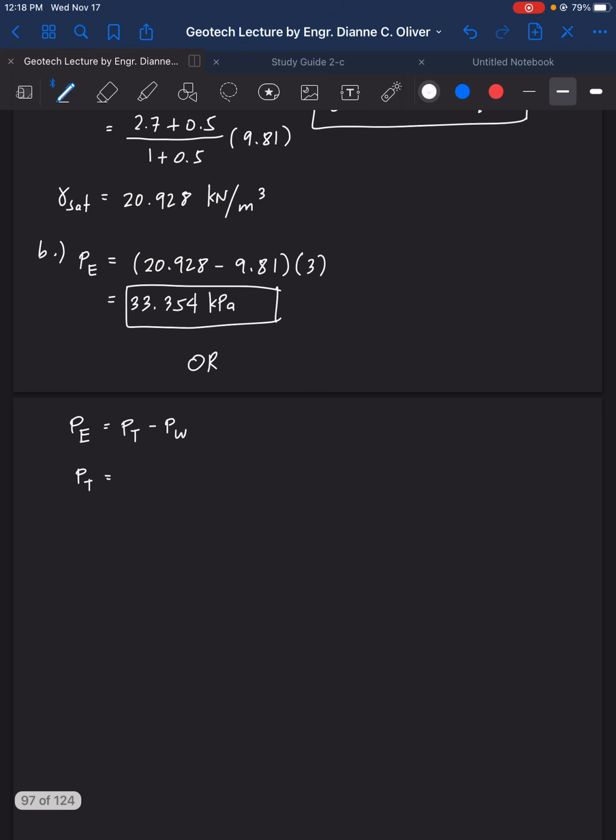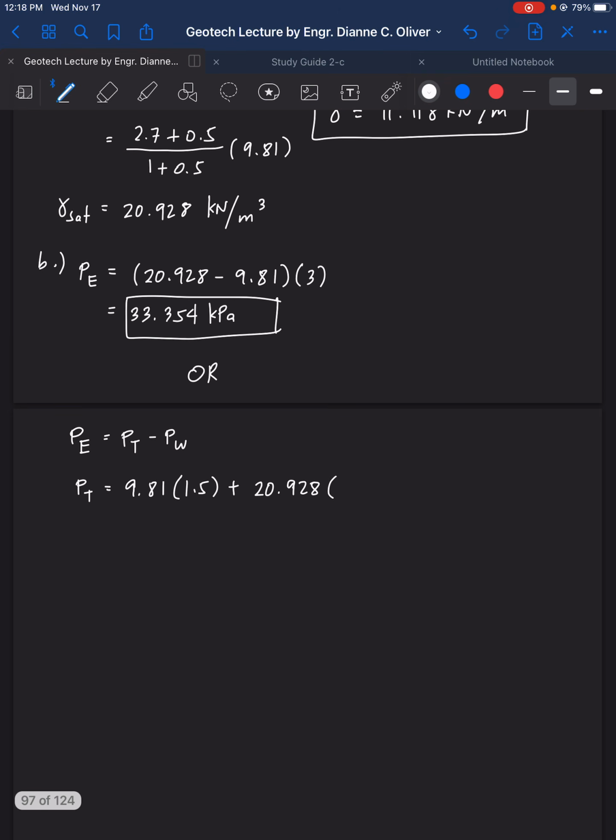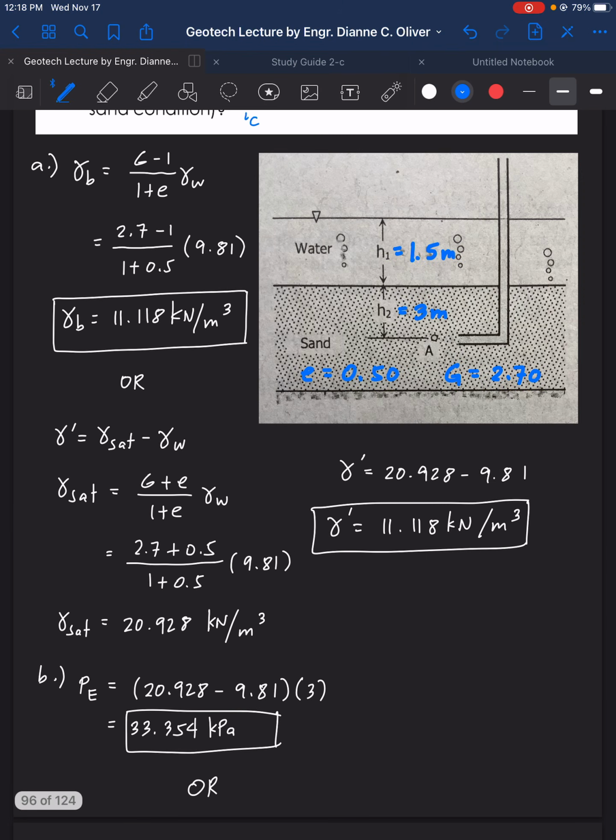H1, H2. So the gamma of water is 9.81 times 1.5 plus the sand. The sand is gamma sat, that is 20.928 times 3. Okay, so 3. So P total is equal to 77.499 kilopascal.